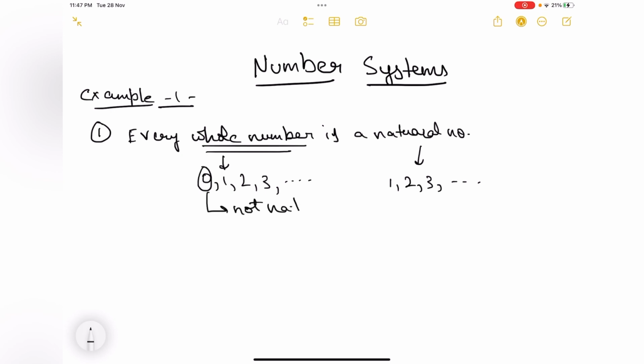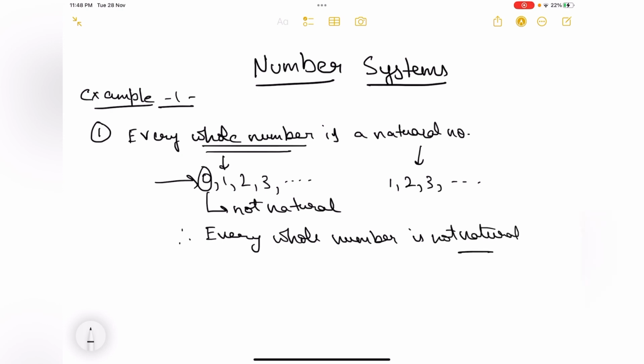Therefore, every whole number is not a natural number, because one of our whole numbers is not a natural number. Right? So that is the first point.